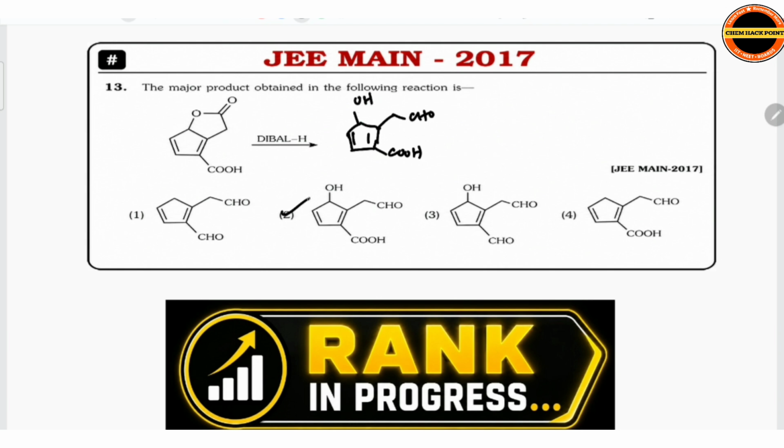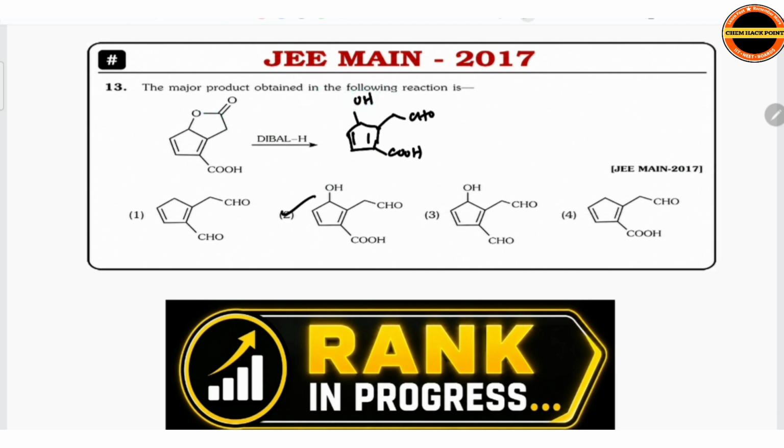So it should be this one without disturbing COOH. Here it reduces the carbonyl group into aldehyde form, and at the same time the O is converted into OH.